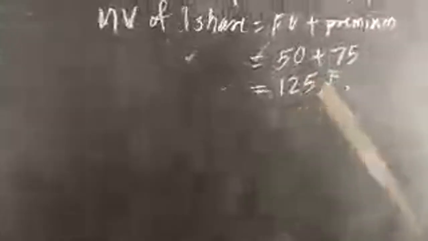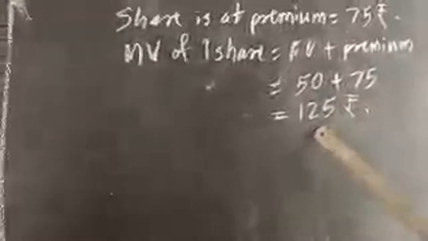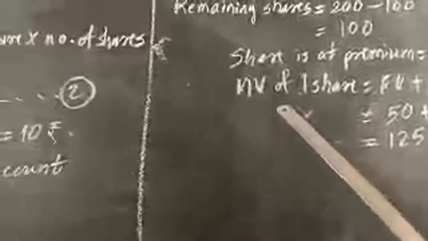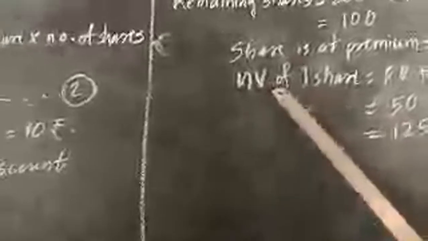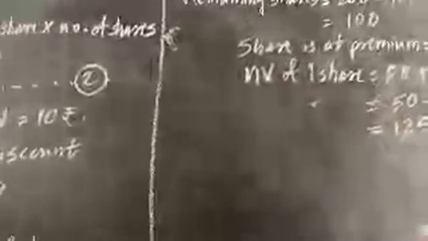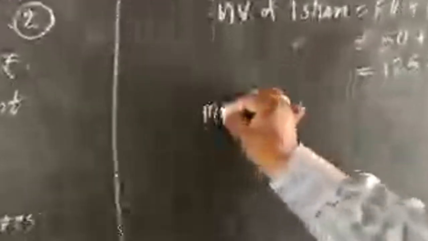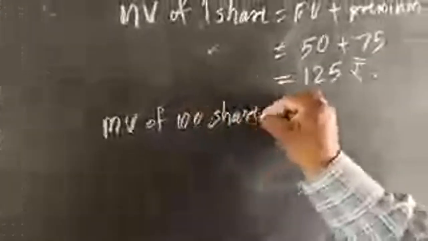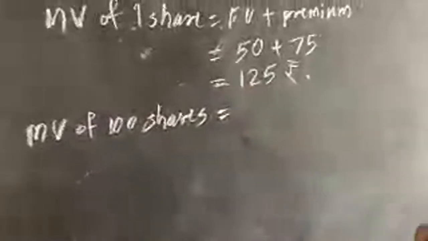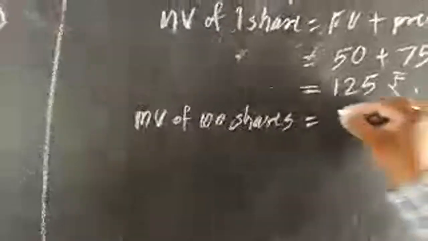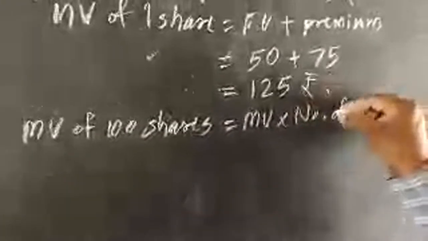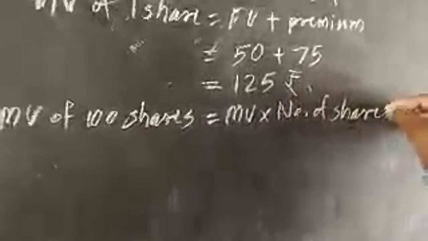Good. But at that market value, how many shares are sold? 100 shares. What is the next step? Market value of 100 shares is equal to MV into number of shares.